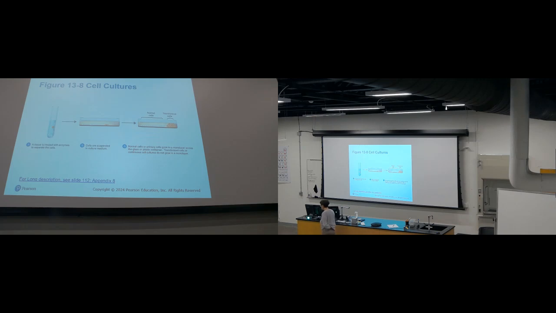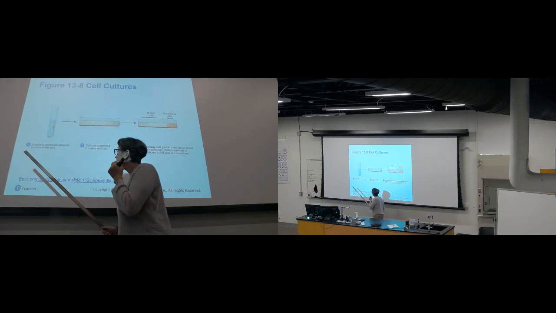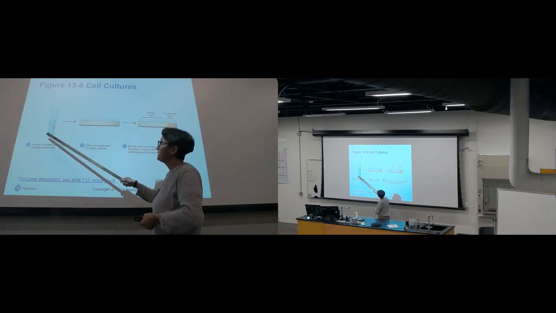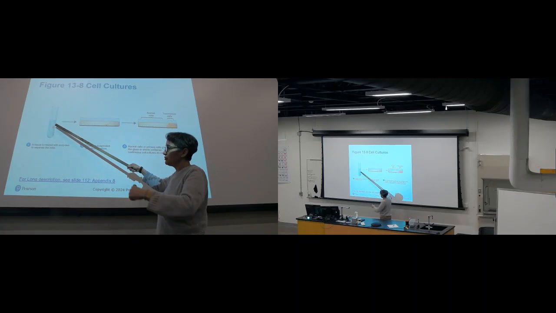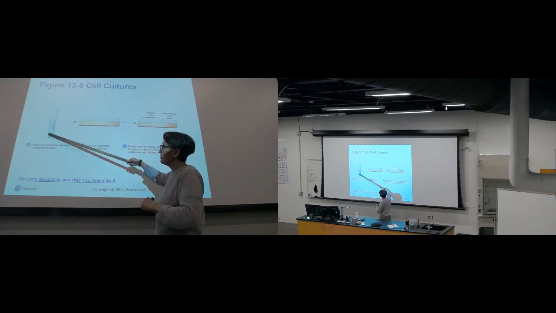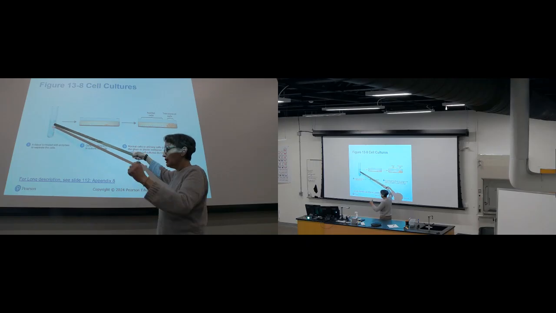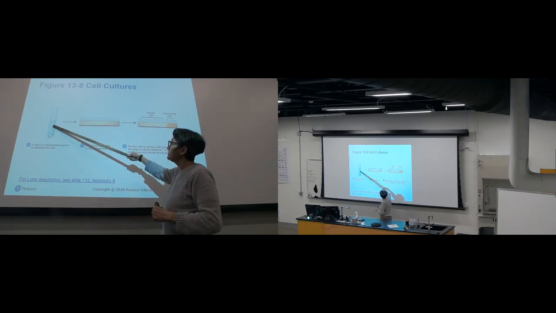So here we have an example of how you transfer some of these cell lines. Let's say that you had before a flask, and then you scrape part of the cells, you extract them and put them here with some trypsin in this test tube, and then you shake it well to separate the cells.